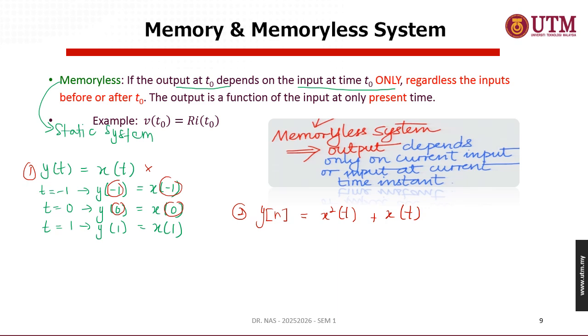If we try different t values, we notice that the output at a given t depends on the input at the same t. Therefore, this is a memoryless system, since it does not depend on the future or the past values.